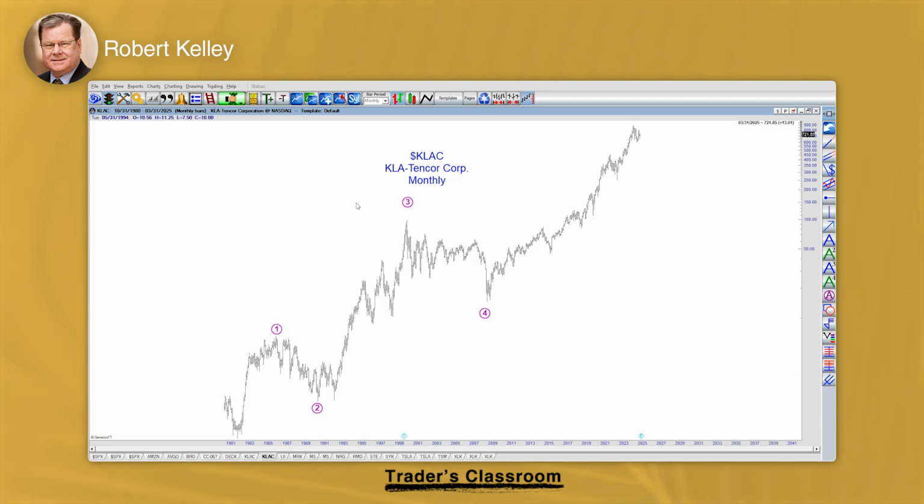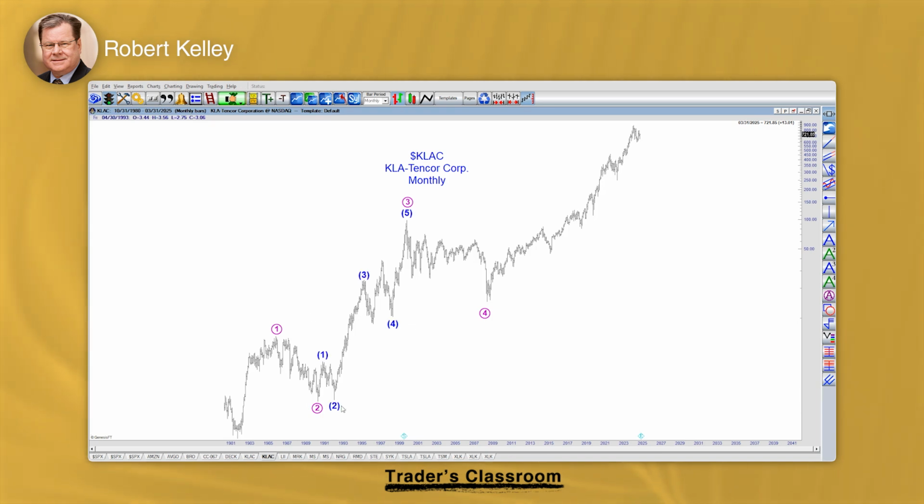So 1, 2, now we want to label the internals of 3, since they're pretty clearly delineated. I mean, this is just kind of a choppy mess, but this is a little more clear. All right, so that's worth labeling. So if you want to label the internals here, go ahead and pause the video and put your count on.